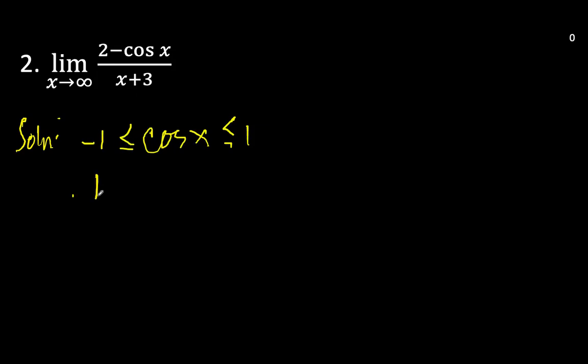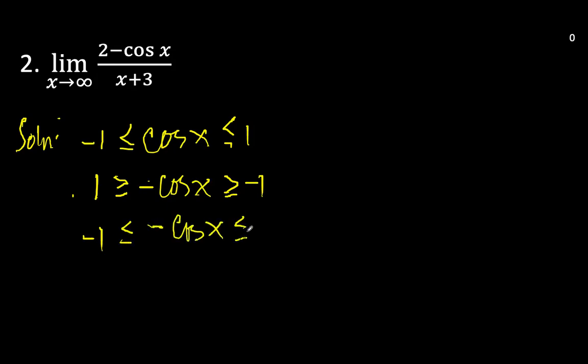Since we're multiplying by a negative, the inequality symbols will change to their opposite. So this becomes negative cosine x greater than or equal to -1, or this could also be written as -1 less than or equal to negative cosine x less than or equal to 1.